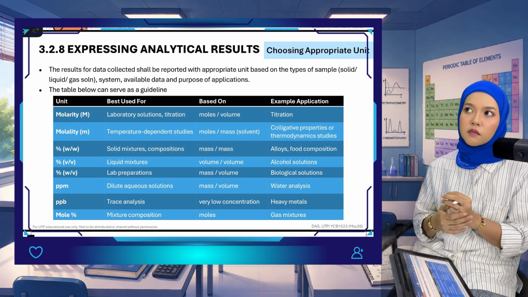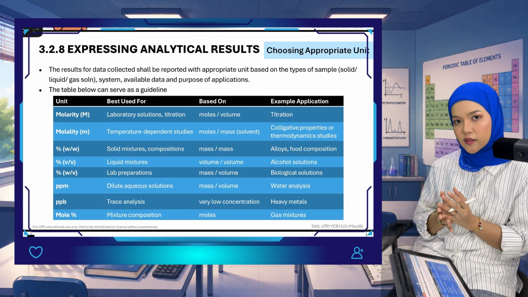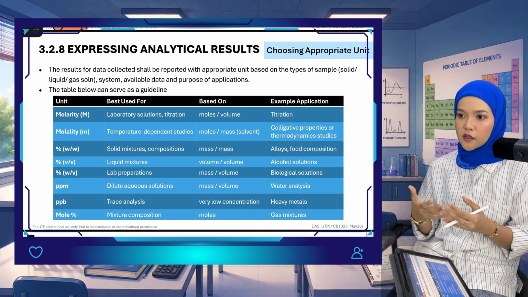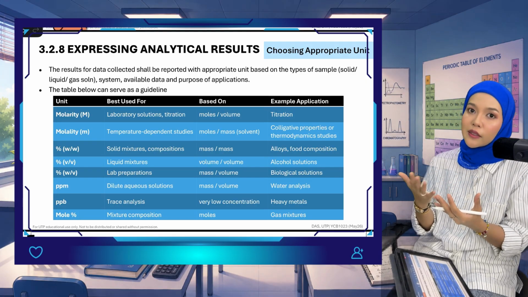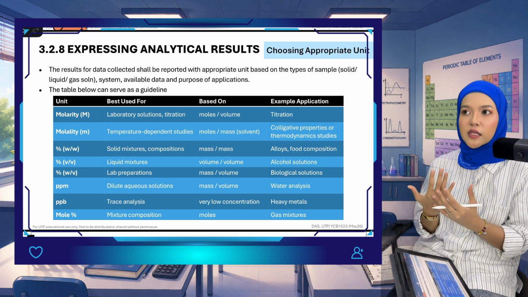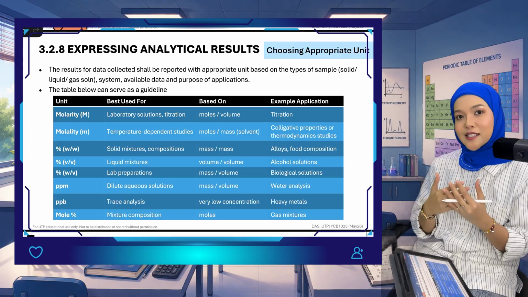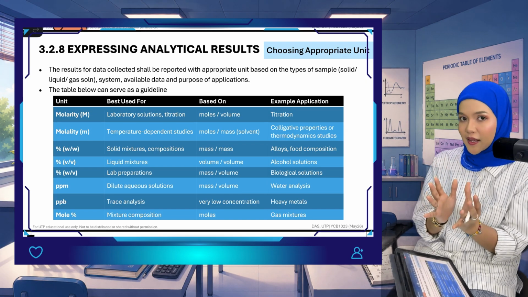In different samples, different concentration units are appropriate. You will know more as you gain experience, as you go to the lab, look at chemical labels, and read articles. You will see that in this sample people use ppm, in this sample people use molarity, and in this kind of sample people use percentage.